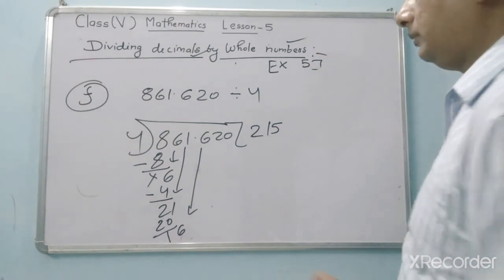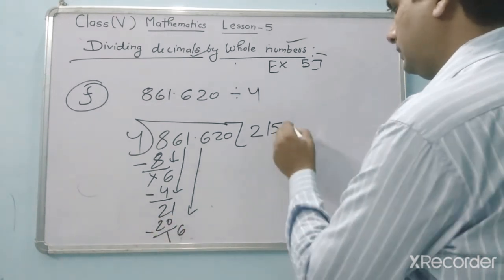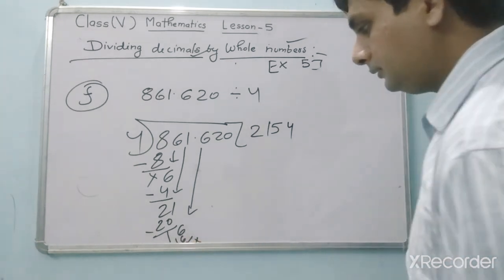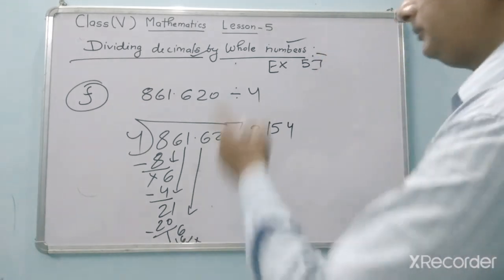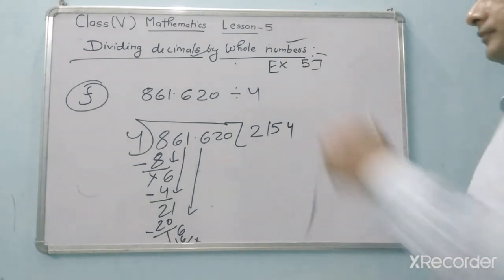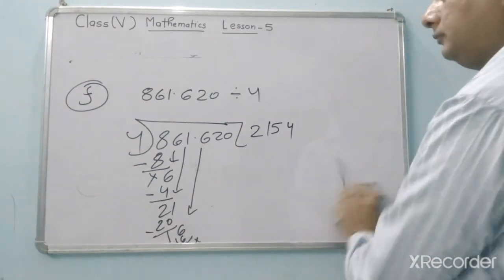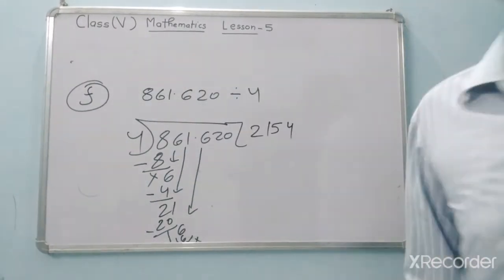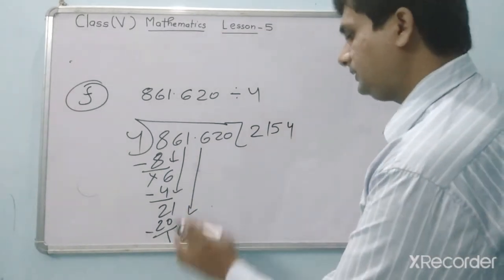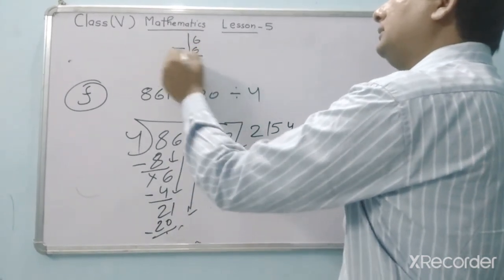Now what will be here? No space is there, so I am writing this side. 4 fours are 16. No space is there, so I am erasing and writing upside. So you can see this 16. I am writing here because no space is there. 16 divided by 16.